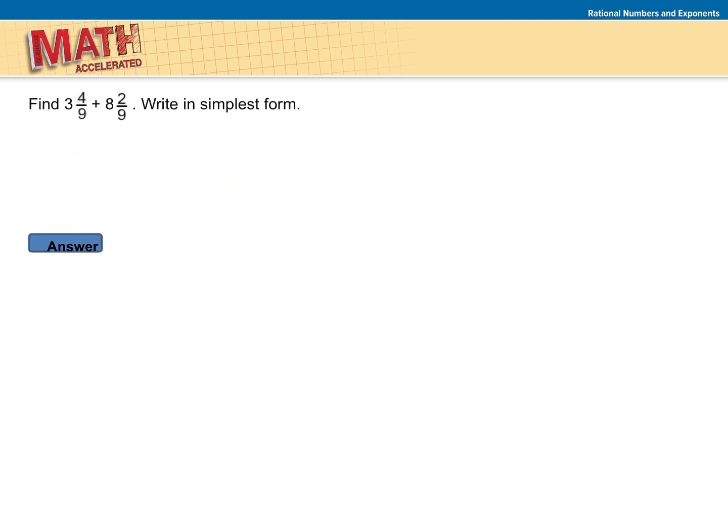So let's look at this one first. What do we do with these two numbers? Yes, we split them up. Okay, so what are my whole numbers? 8 and 3. What are my fractions? 4 over 9 and 2 over 9.